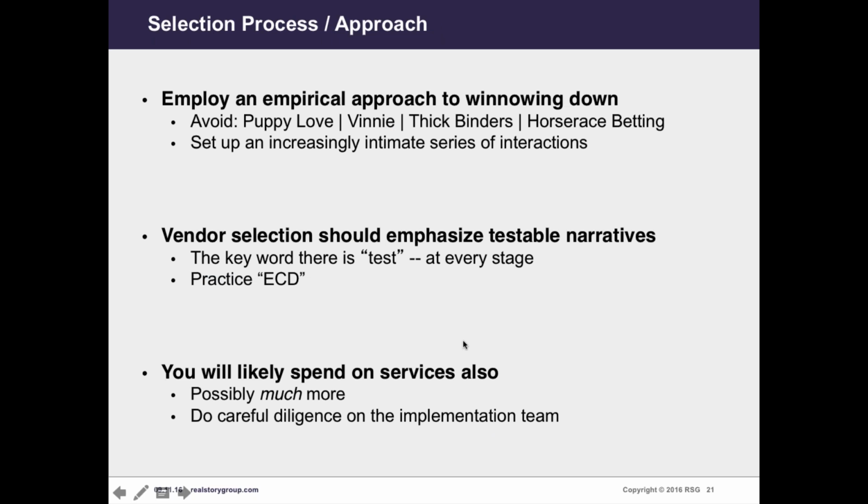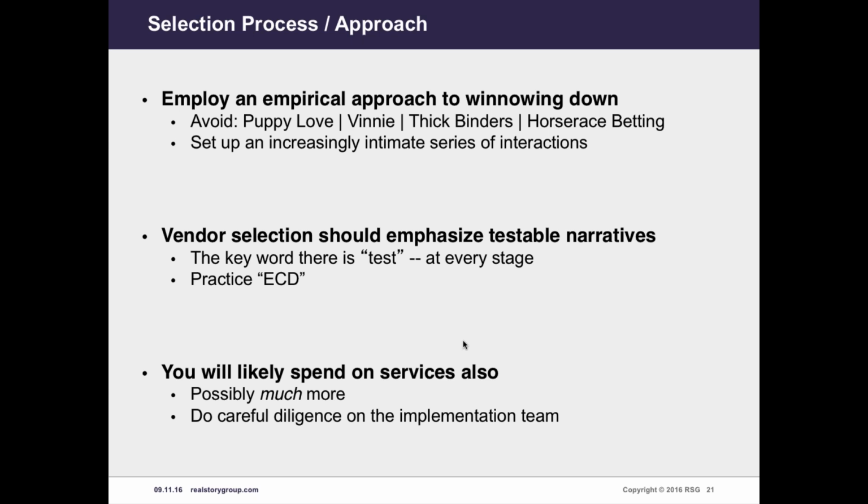So what you want to do is employ an empirical approach to winnowing down. And we describe this as a set of increasingly intimate series of interactions before you get married. So it could start with an RFP or a request for demos with your use cases, your own people, and then trying it out. Ideally getting hands-on, getting trained on the tool, trying it out in a proof of concept in a competitive way, and then maybe a pilot.